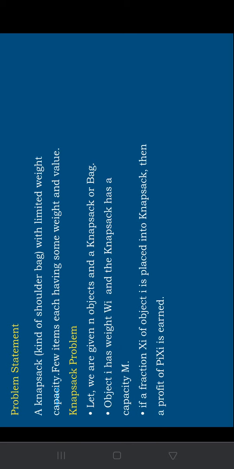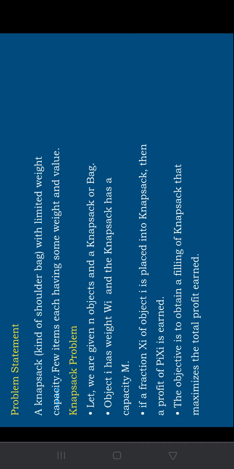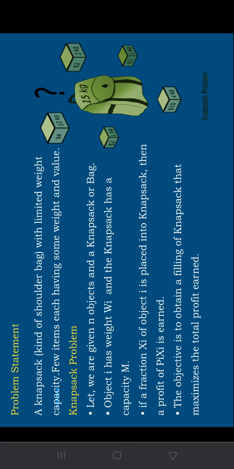We have object i with weight wi, the maximum capacity of the knapsack is m, xi is the fraction of the object, and pixi is the profit earned while adding the object to the knapsack. This is the diagrammatic representation of the knapsack. We have a knapsack of 15 kg and many objects of 1 kg, 2 kg, 3 and 4, and the dollar symbol gives the profit created by adding this input.